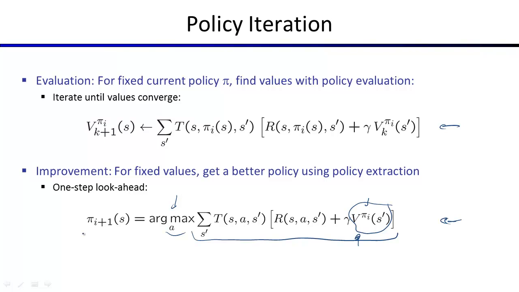Now, what does this policy pi i plus 1 actually do? After you have executed that first action, wherever you land, you would repeat this procedure. It would say, hey, rather than sticking to the policy pi i, which I initially promised to do and I know what the value was going to be, I can do better. I can at first change my mind based on whatever looks best, based on this one-step look ahead, and from then onwards stick with pi i.